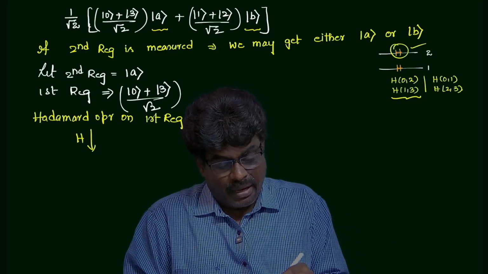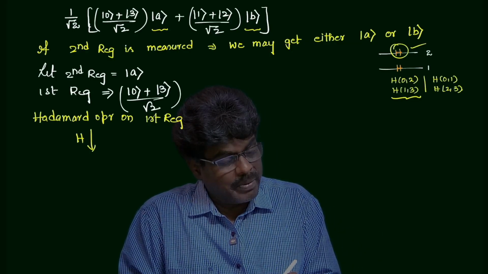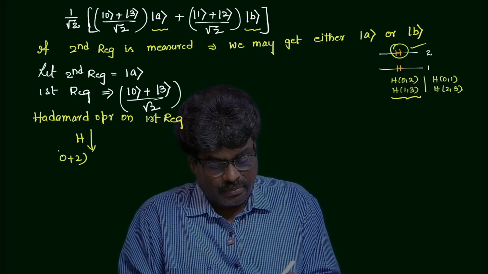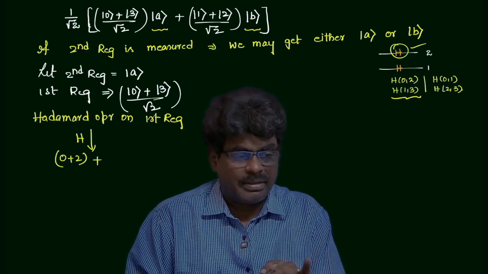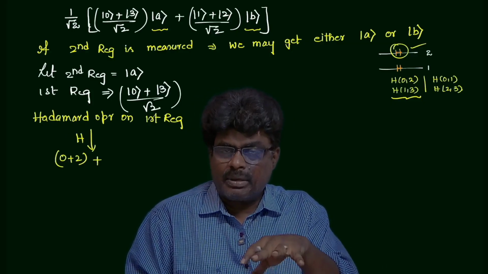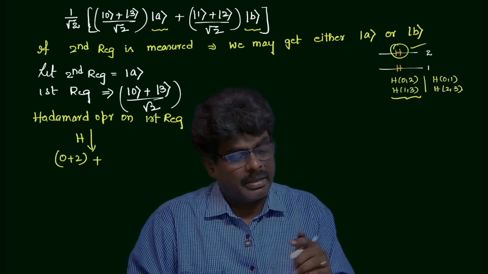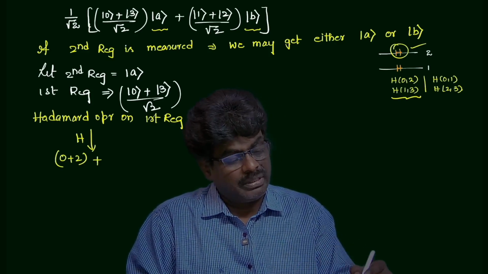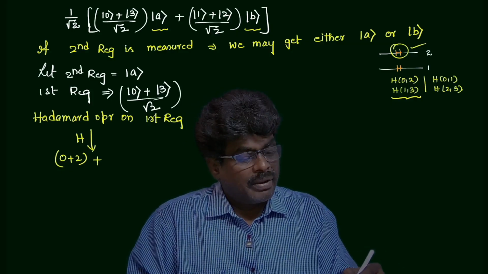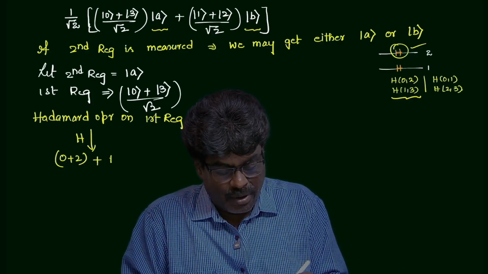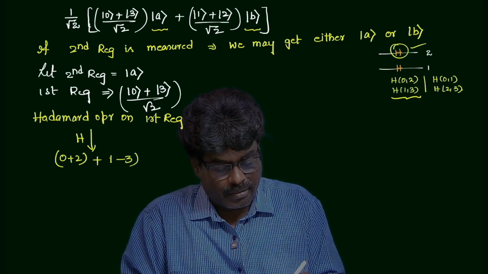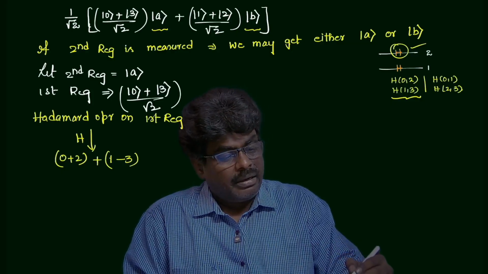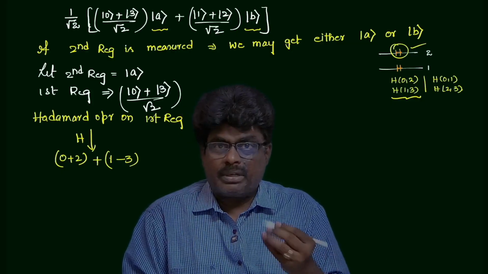Here we have 0, so 0 becomes 0 plus 2. I am not bothering about the normalization constant, because here we are just doing the mathematics. Next we have 1 and 3, that's why 1 minus 3. Don't bother about that normalization constant.